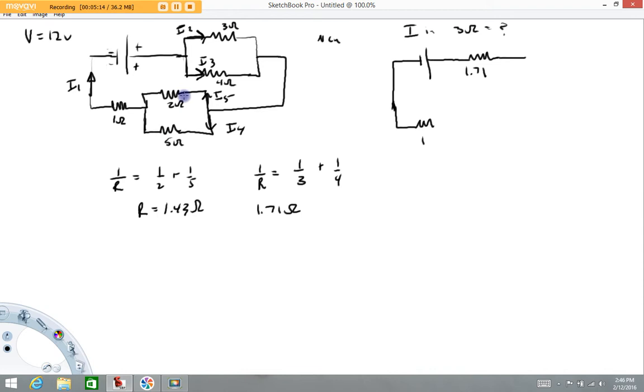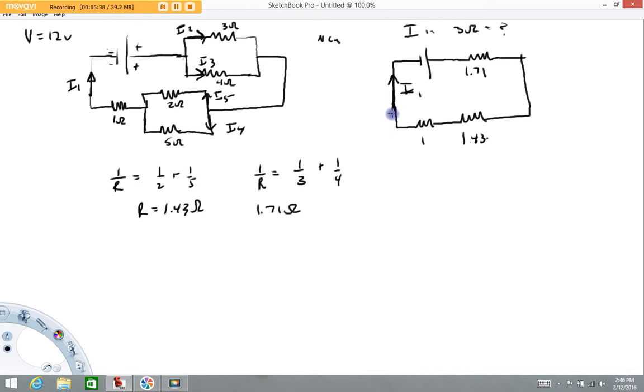Then in the place of the 2 and the 5, we can put a 1.43 ohm resistor. And we have just one current, the current I1. So we've already simplified it down to something that's really easy to deal with. We could simplify it further, but there's really no reason to.